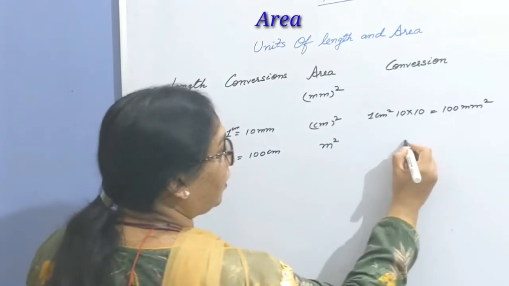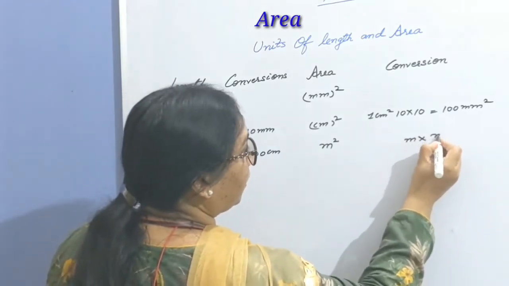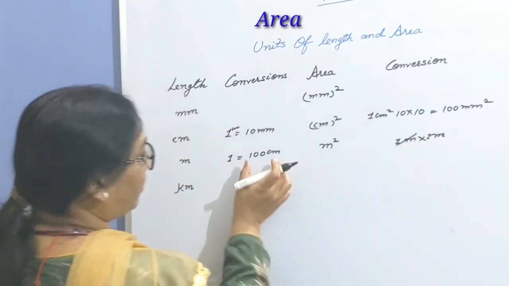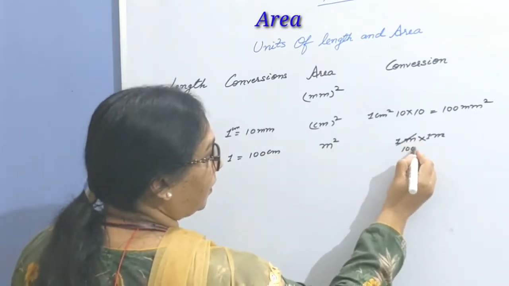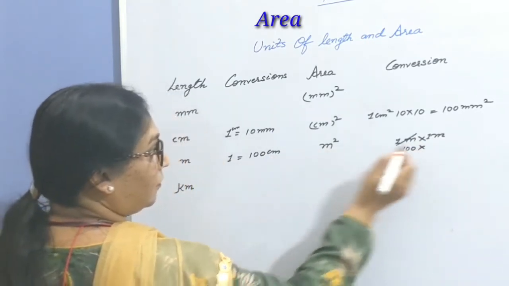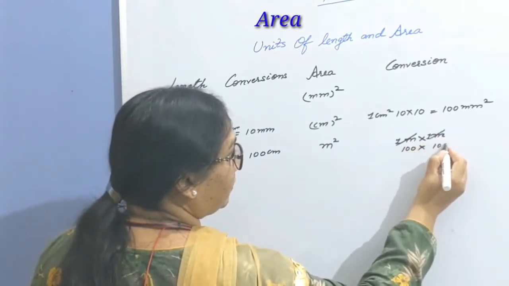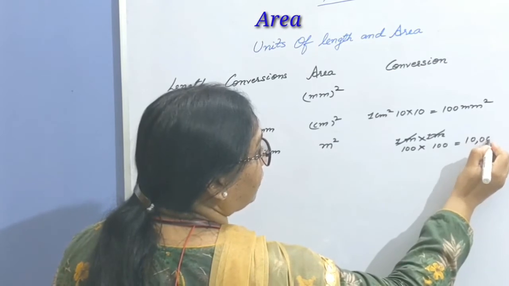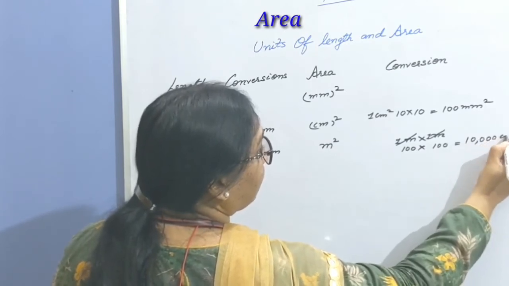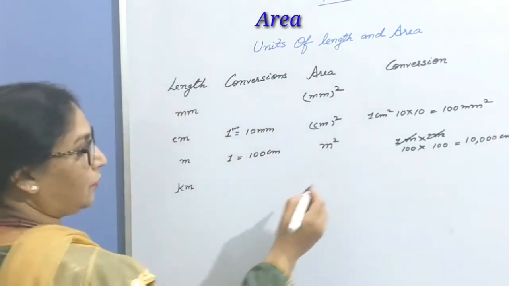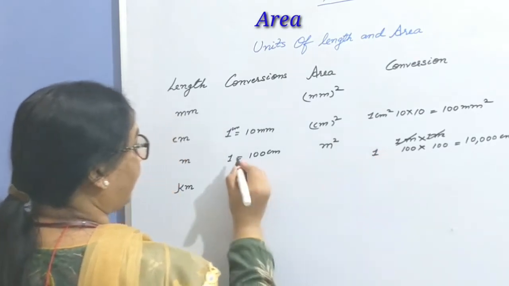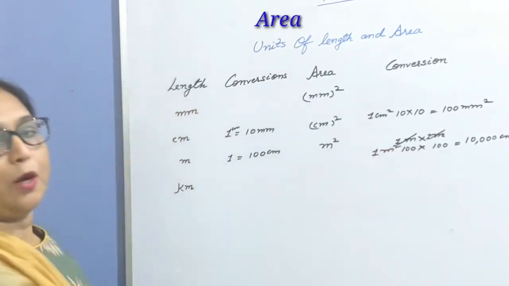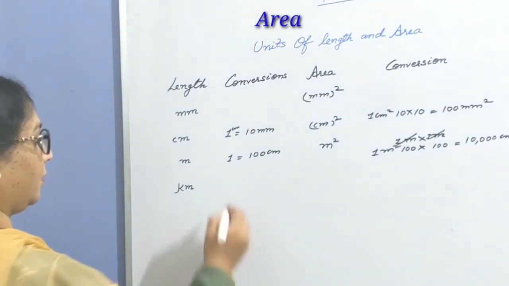Now replace 1 meter by 100 centimeter, and the other 1 meter also by 100 centimeter. So 100 into 100 is how many? 10,000 centimeter square. Hence we can see 1 meter square equals 10,000 centimeter square.